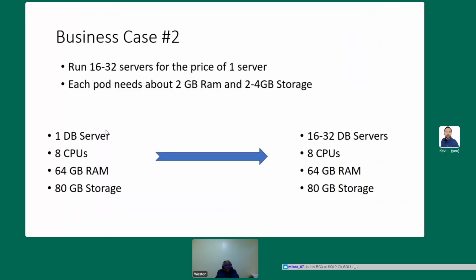All right. The business case number two is that, because of the way Kubernetes is set up, you can essentially run 16 to 32 test servers for the price of one server.